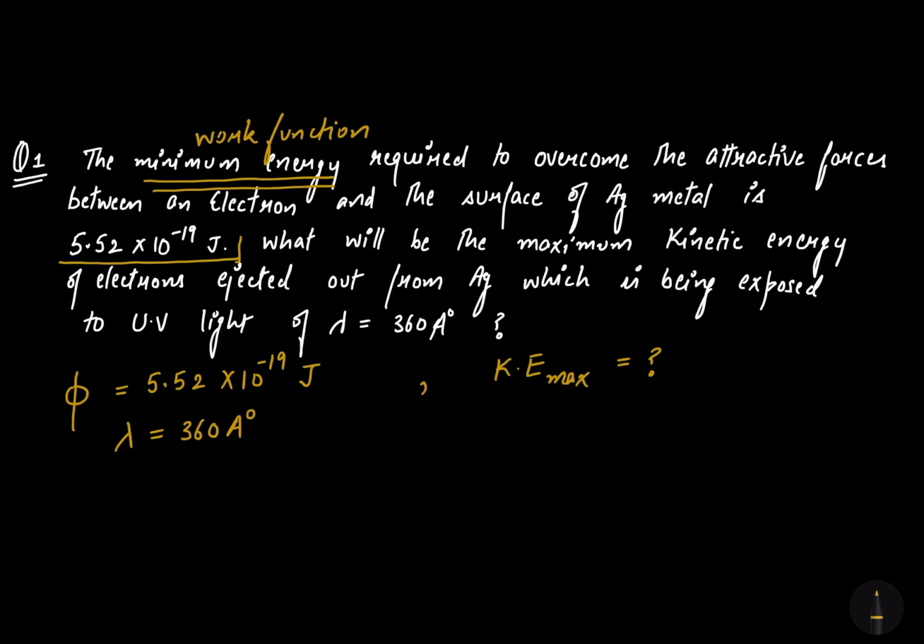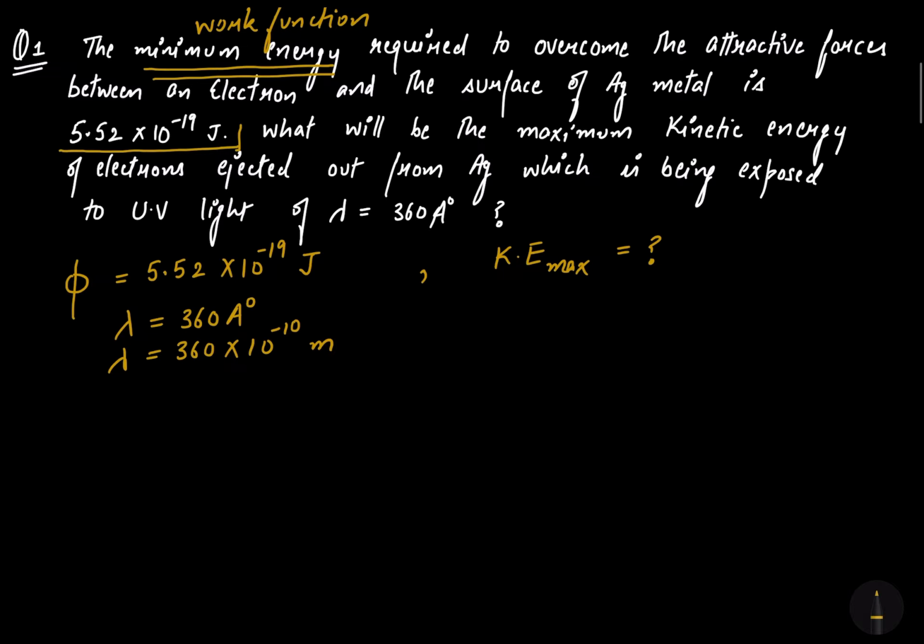So I'm writing first of all the formula. Before that, firstly convert this 360 angstroms to meters, because we always solve numericals in SI units. So it is 360 into 10 to the power minus 10 meters. So this is the wavelength. Now let me write down the formula.